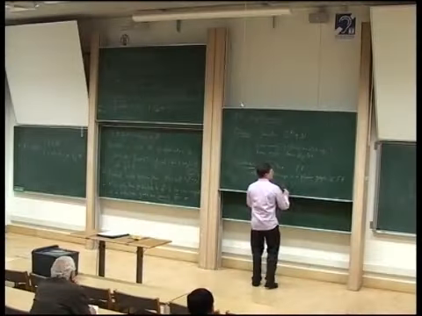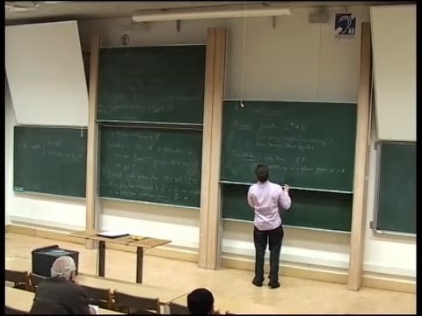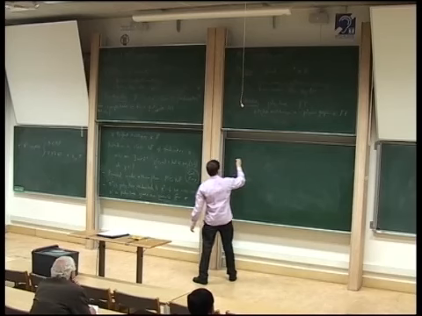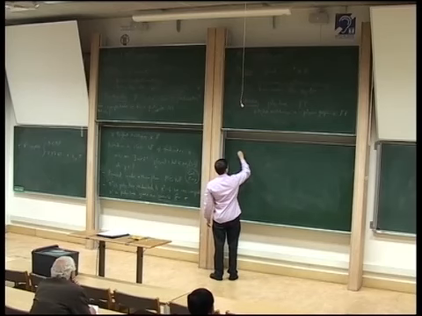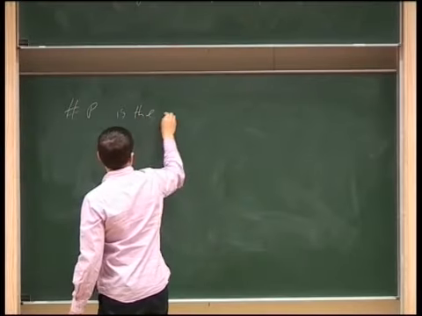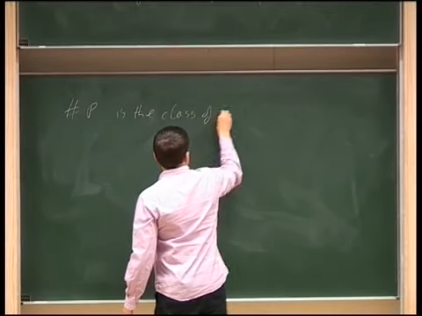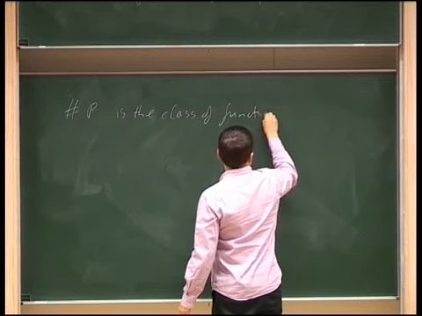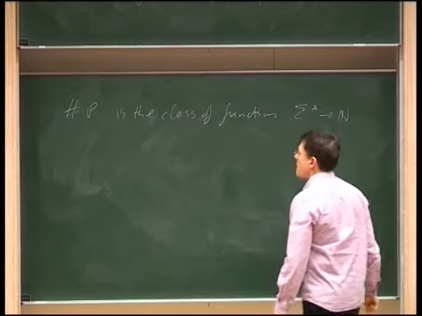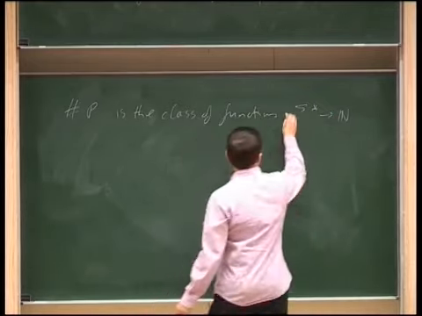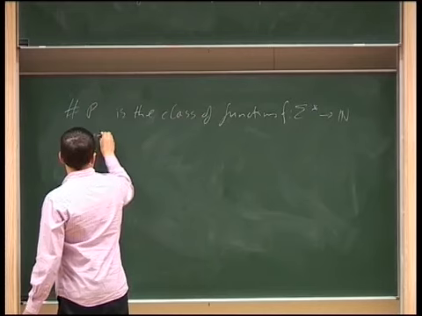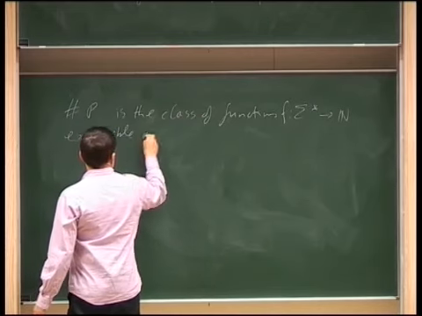Right. So now we want an analog of NP, and that's number P. So number P is the class of functions f from sigma star to the natural numbers, expressible as the number of witnesses.